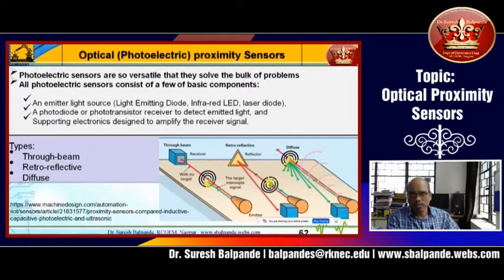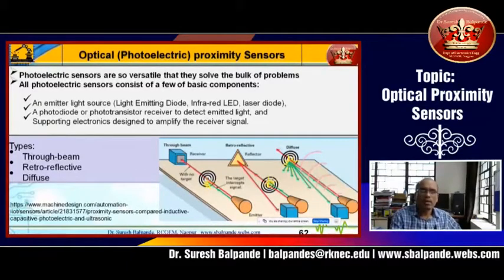In last class, we discussed the Hall effect sensor, which is also used as a shaft encoder, and it is basically an incremental encoder. Before that, we have already studied the inductive proximity sensor, the capacitive proximity sensor, and of course the encoders, that is the incremental encoder and the absolute encoder based on optical and laser, and then the Hall effect sensor.